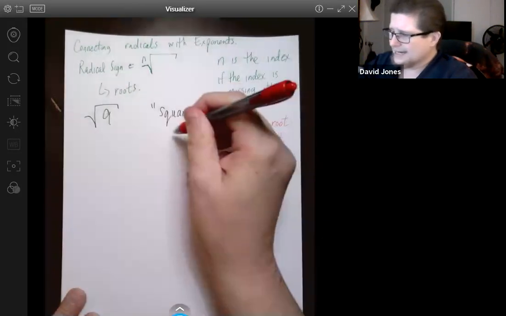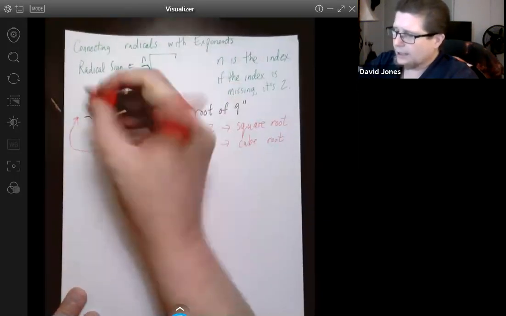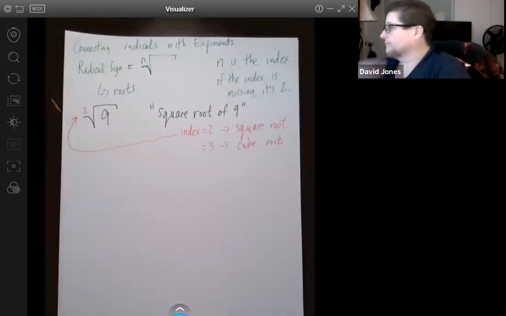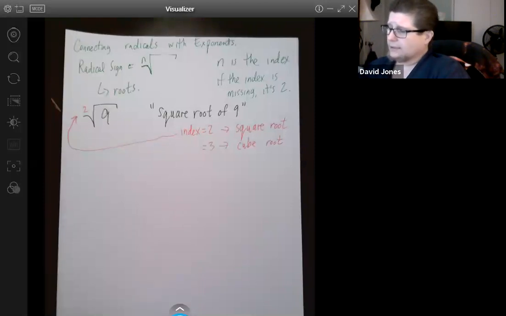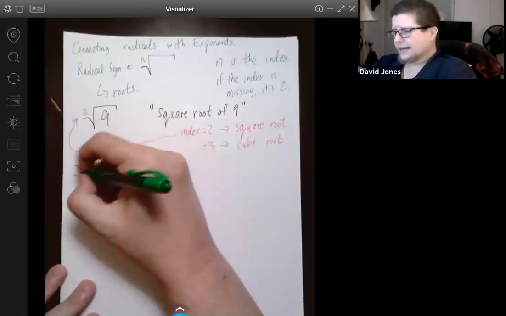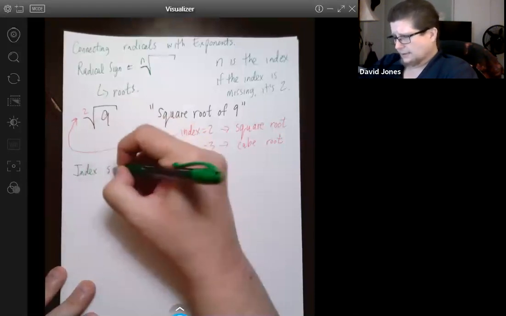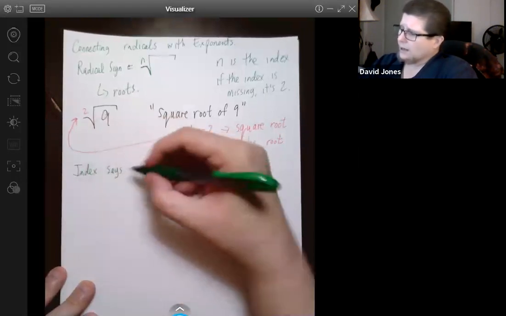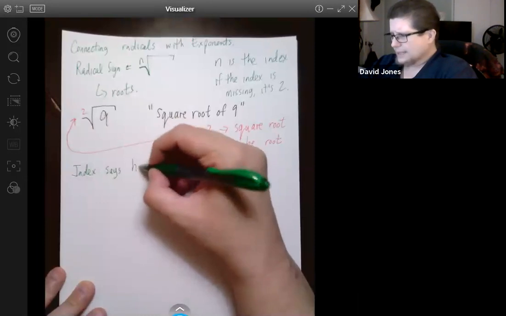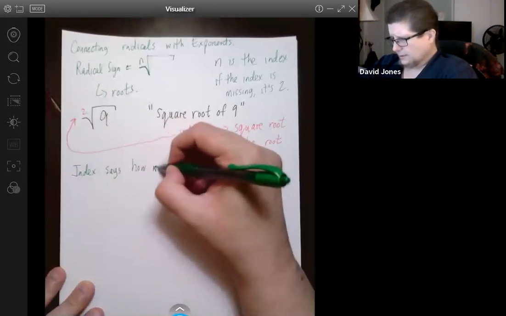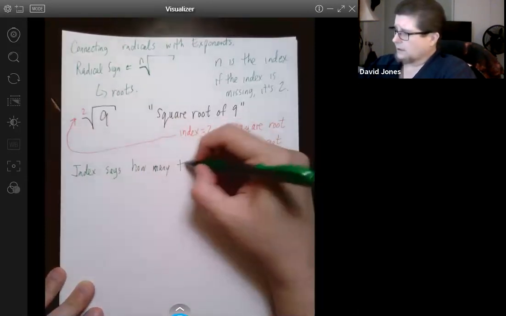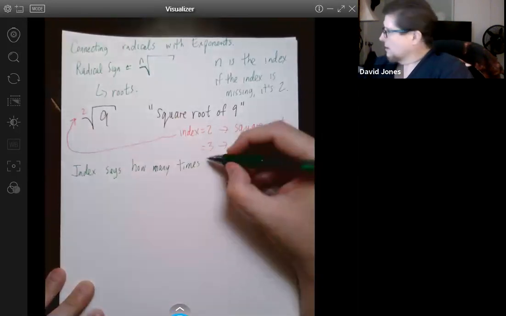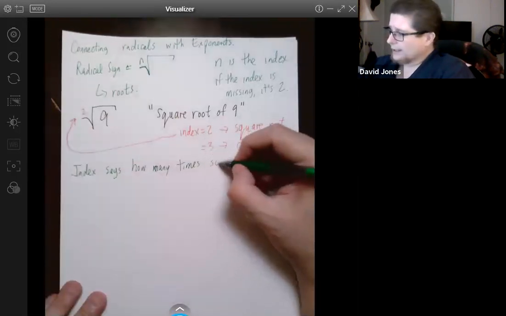And since the index was missing here, I could put it in and put a 2 there. Okay? And what it means is the index says how many times something needs to be multiplied together.